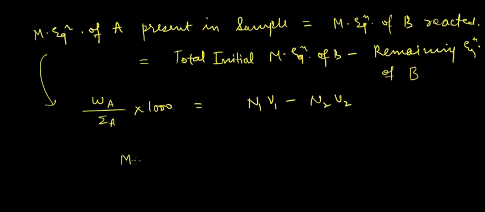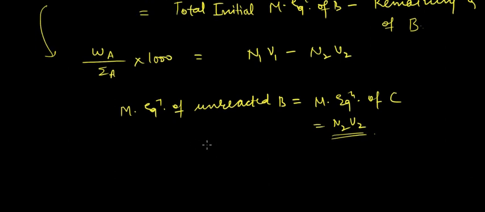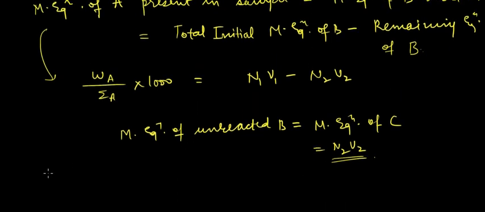And we know that the milliequivalent of unreacted B will be equal to the milliequivalent of C, which is N2V2. So it is coming from C. Obviously we are not generalizing it, as I have told a few seconds back.